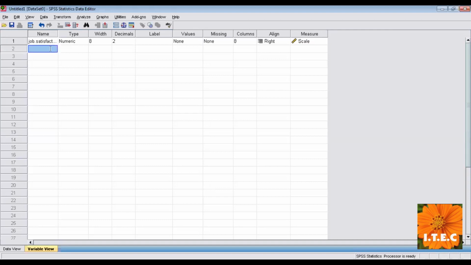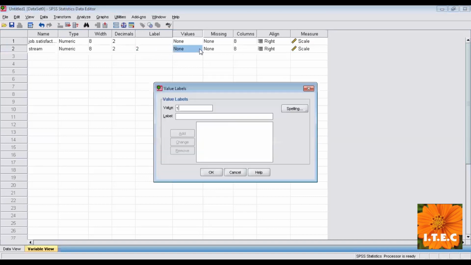Another is stream, and stream is a discontinuous variable. And we have only two levels of the stream. One, let us say arts stream. Two, let us say science stream.